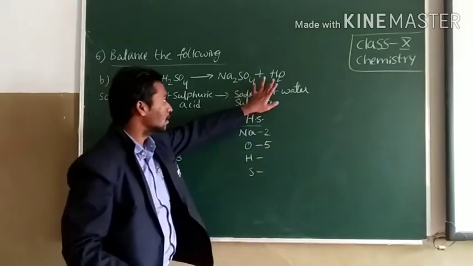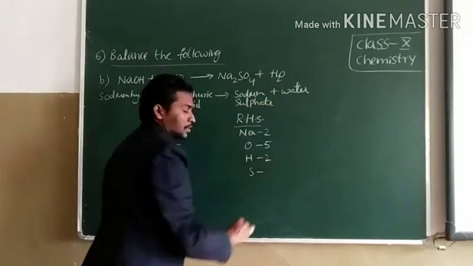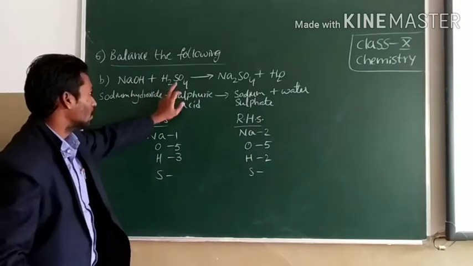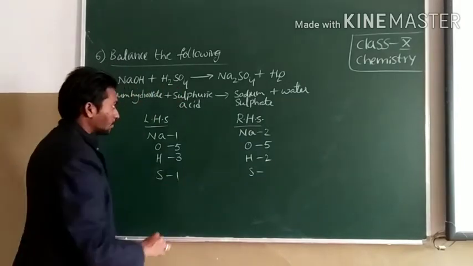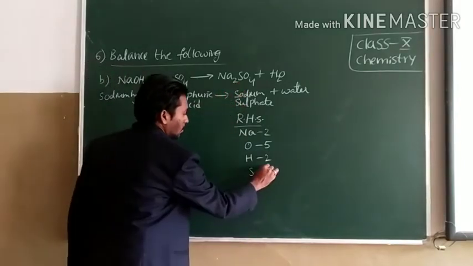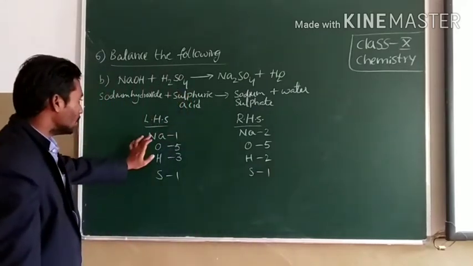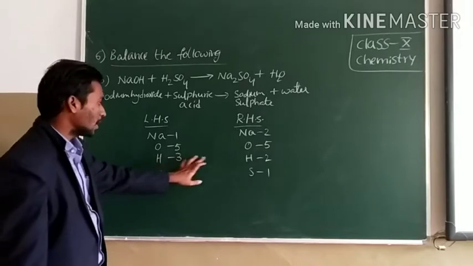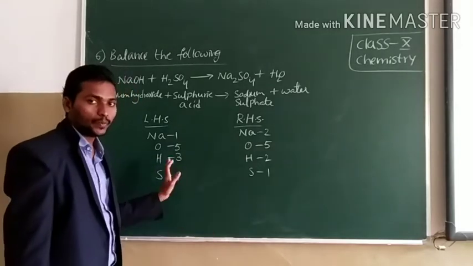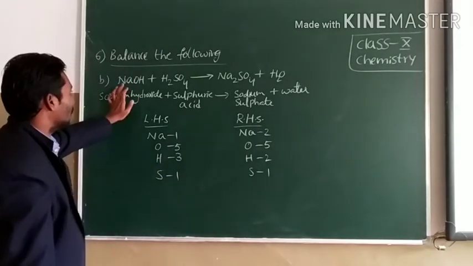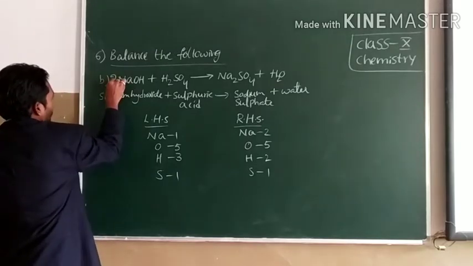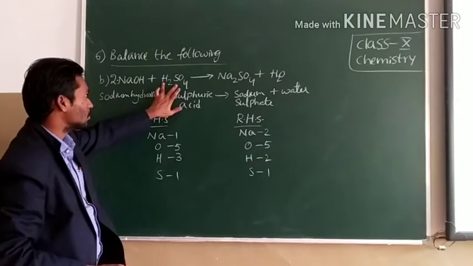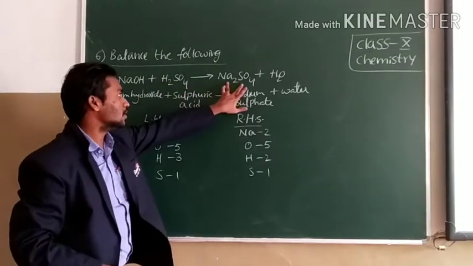On RHS side, 2 hydrogen atoms. Next, sulfur atoms. 1 sulfur atom on LHS side, and on RHS side also 1 sulfur atom. Here, sodium atoms and hydrogen atoms are not balanced. We have to balance those. Write 2 here: 2 NaOH plus H2SO4 gives rise to Na2SO4 plus H2O.